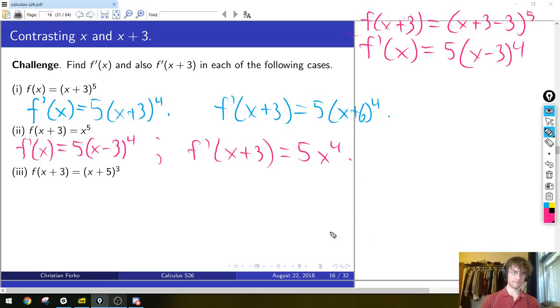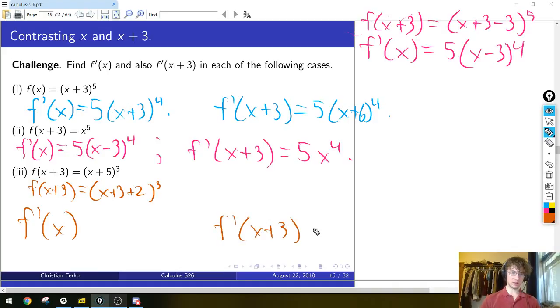Good. Okay, one more. So in this case, the dummy is again x plus 3. So f of x plus 3 is the variable x plus 3 plus 2 raised to the power 3. So we're asked to get f prime of x and f prime of x plus 3.